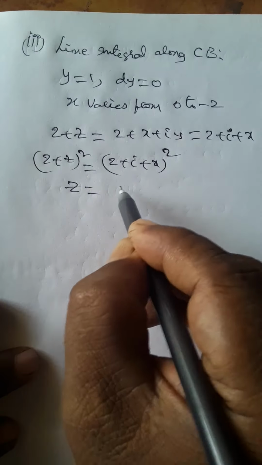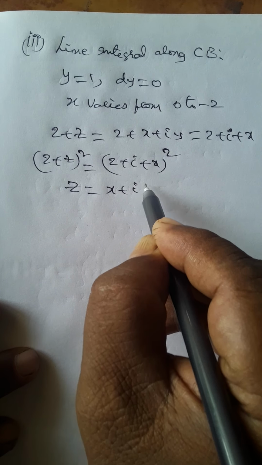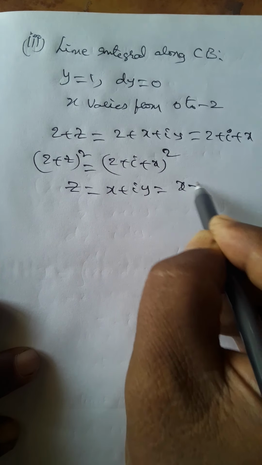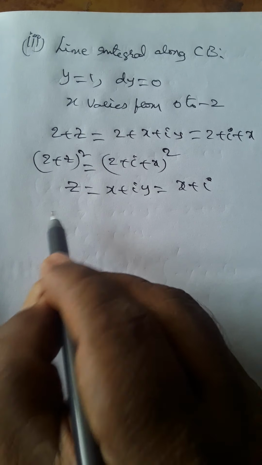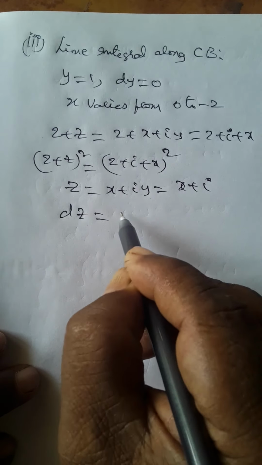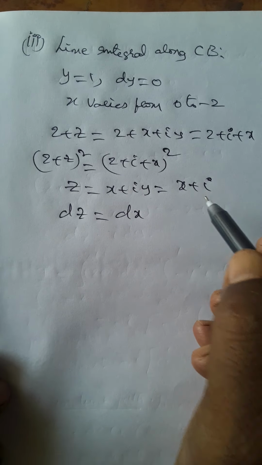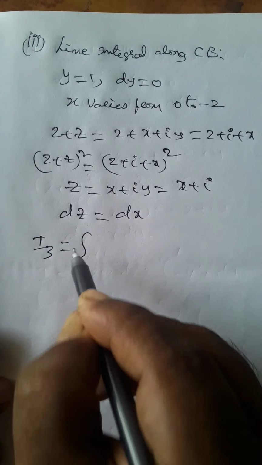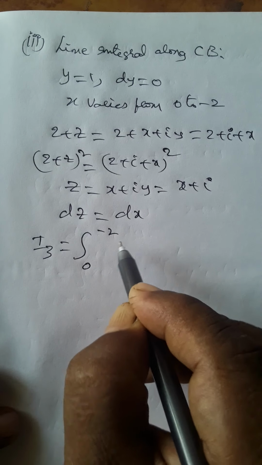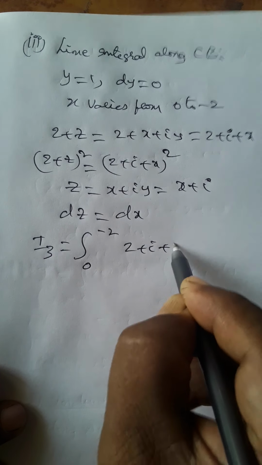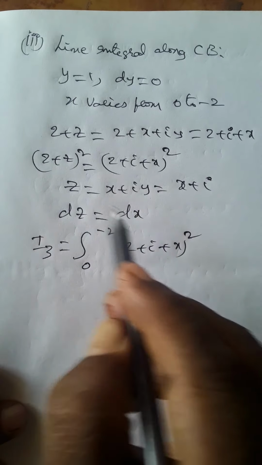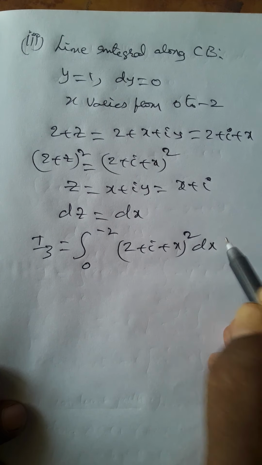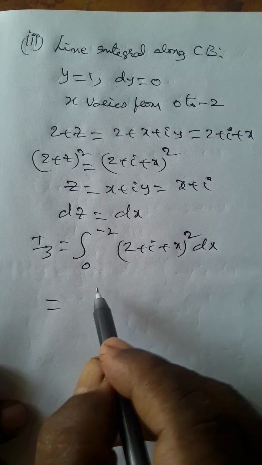Next, z is equal to x plus iy, x plus i, y is 1. So dz is equal to dx, i derivative 0. So I3 is equal to integral 0 to minus 2 of (2 plus i plus x) whole square, that is 2 plus z whole square, dz means dx.